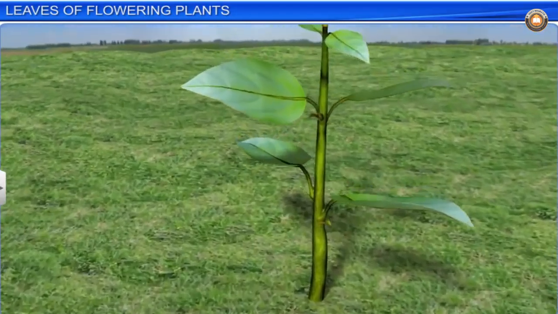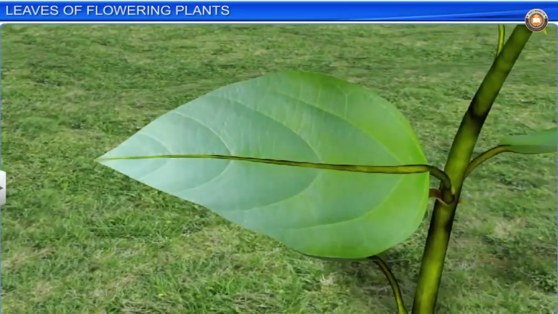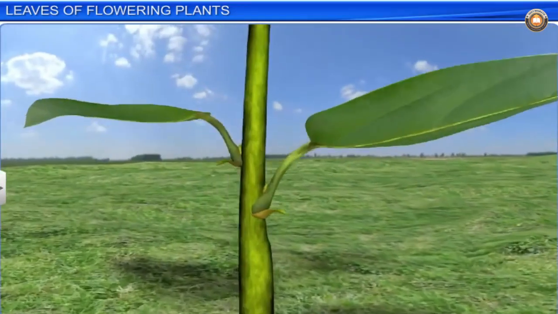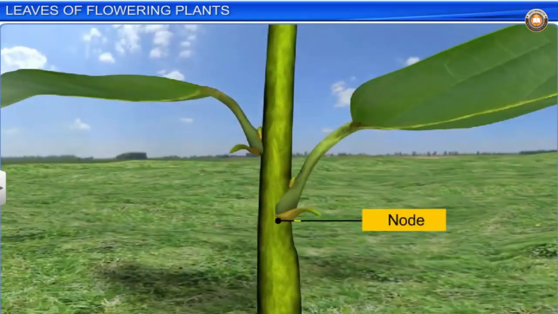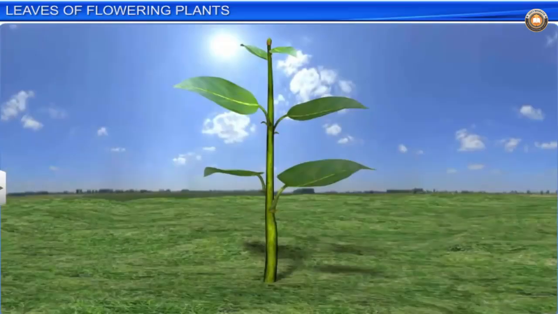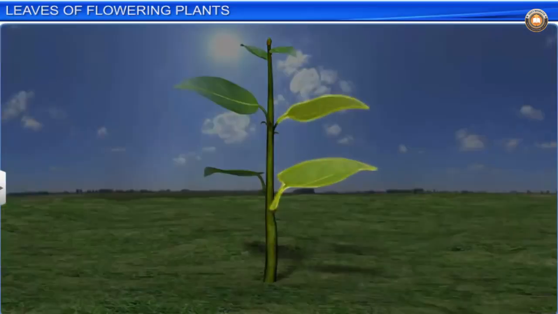A leaf is a plant organ that exists above the ground and is specialized to carry out the process of photosynthesis. Leaves develop at the node of a stem and generally have a flat and lateral structure. Moreover, they are arranged in an acropetal order.